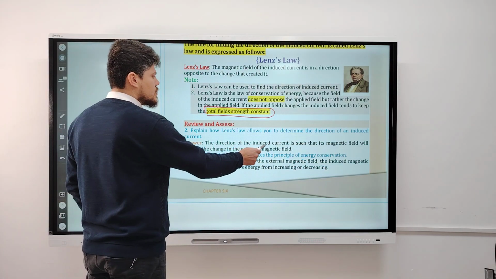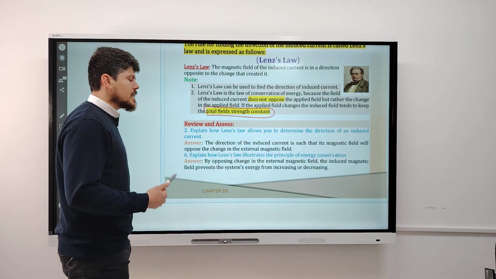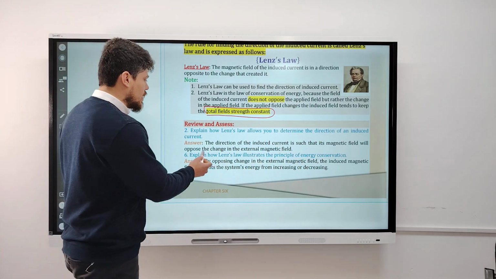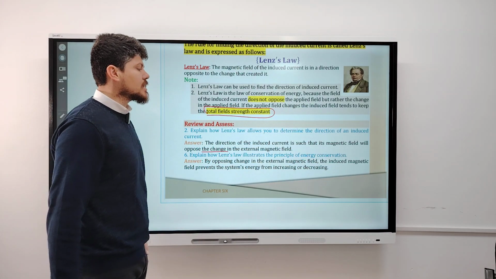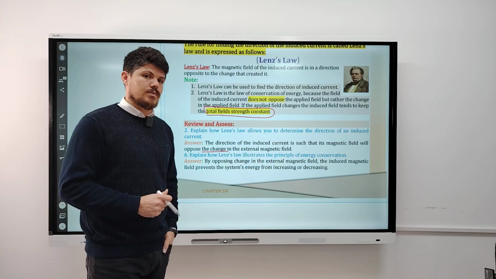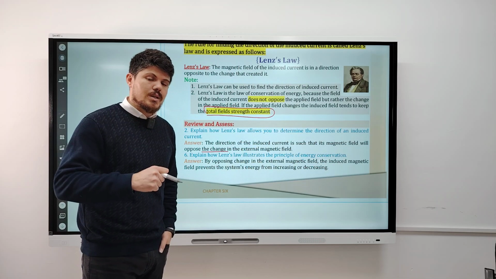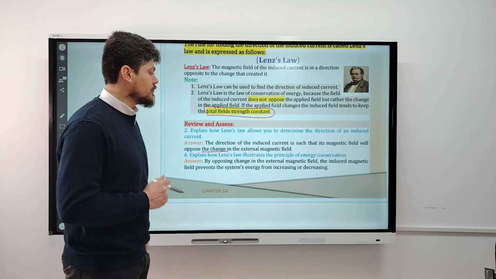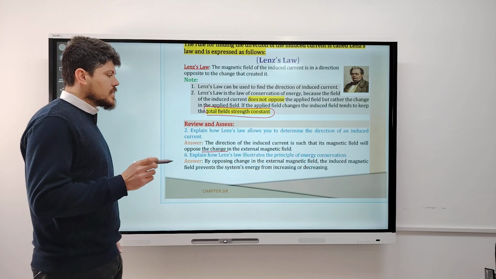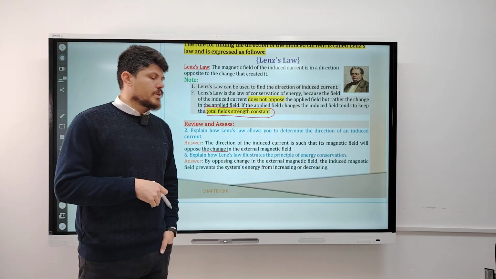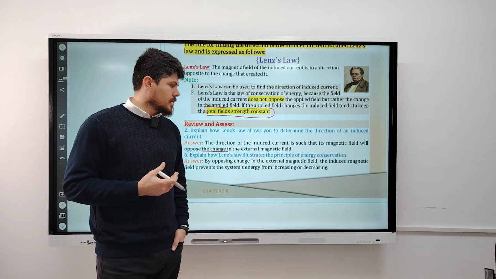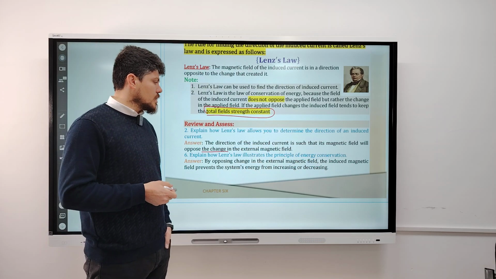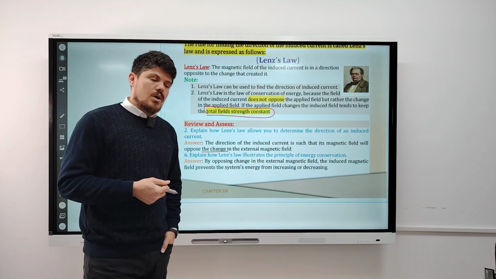The direction of the induced current is such that its magnetic field will oppose what? The change in the external magnetic field, not the magnetic field itself. Now, explain how Lenz's law illustrates the principle of energy conservation. Actually, Lenz's law illustrates the conservation of energy.